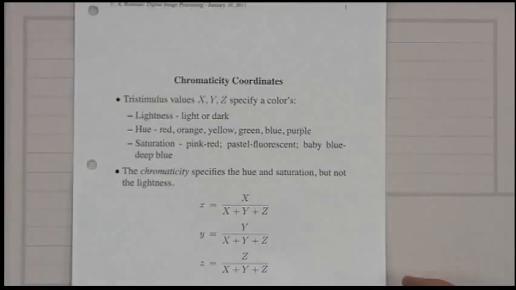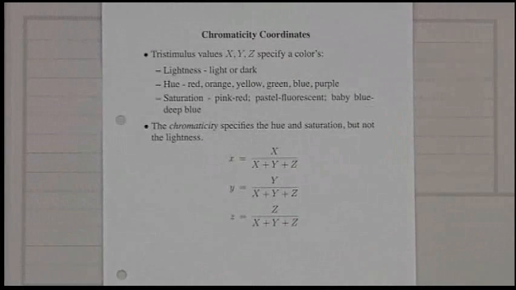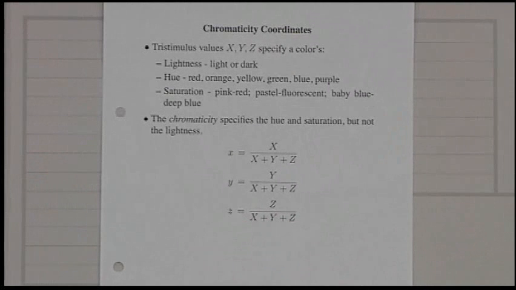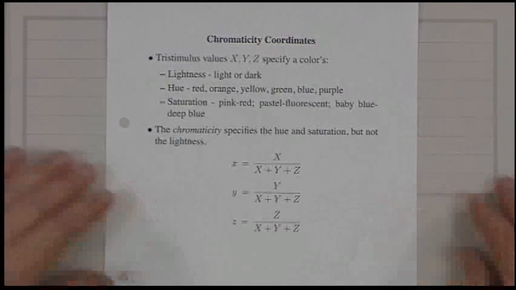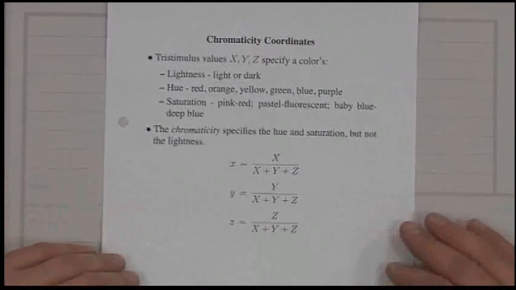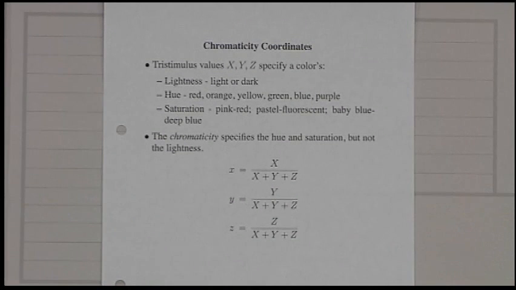Okay. Now, the next topic is really interesting to me, and it's the part that I think provides the mathematical underpinnings that pull this all together in a sensible framework: the chromaticity coordinates. So far we've learned a lot of different things, but they seem a little disconnected, at least in my opinion.